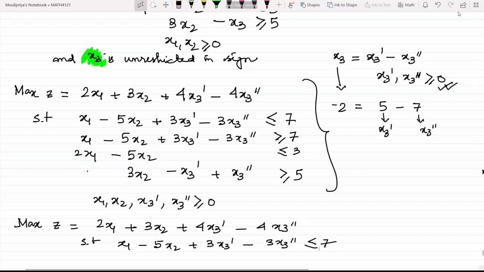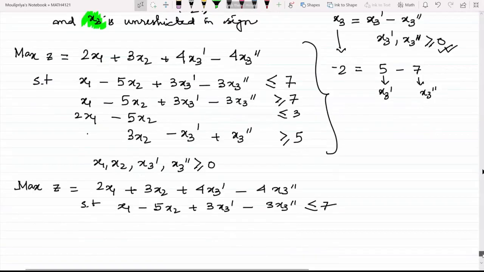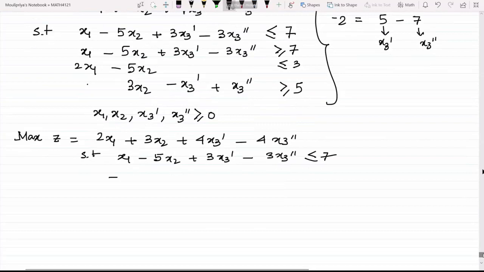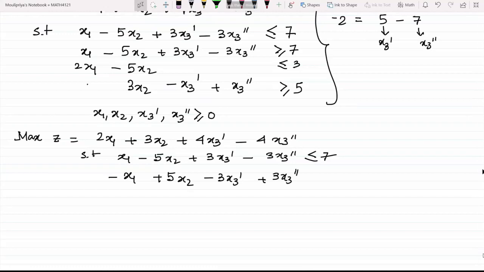The second constraint is eventually minus x1 plus 5x2 minus 3x3' plus 3x3'' less or equal to, please correct me if I'm wrong, the next one would remain unchanged, minus 5x2 less or equal to 3.